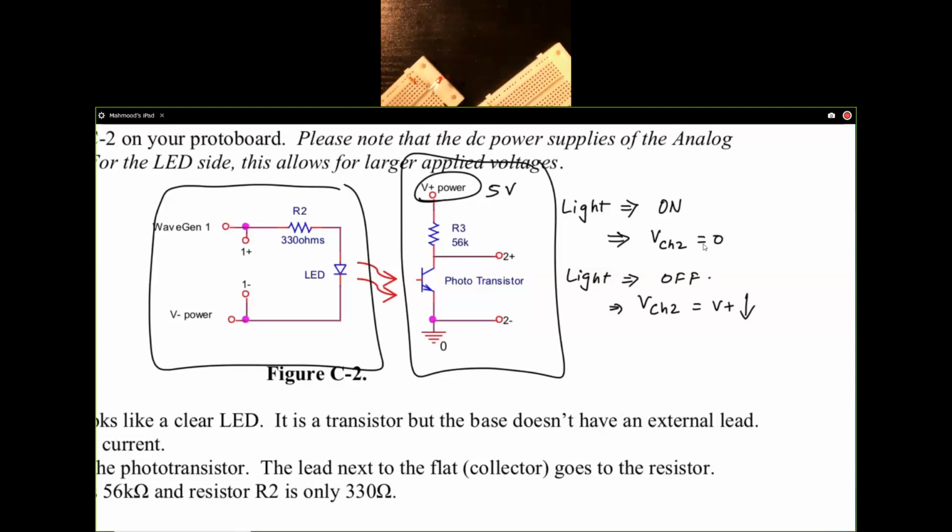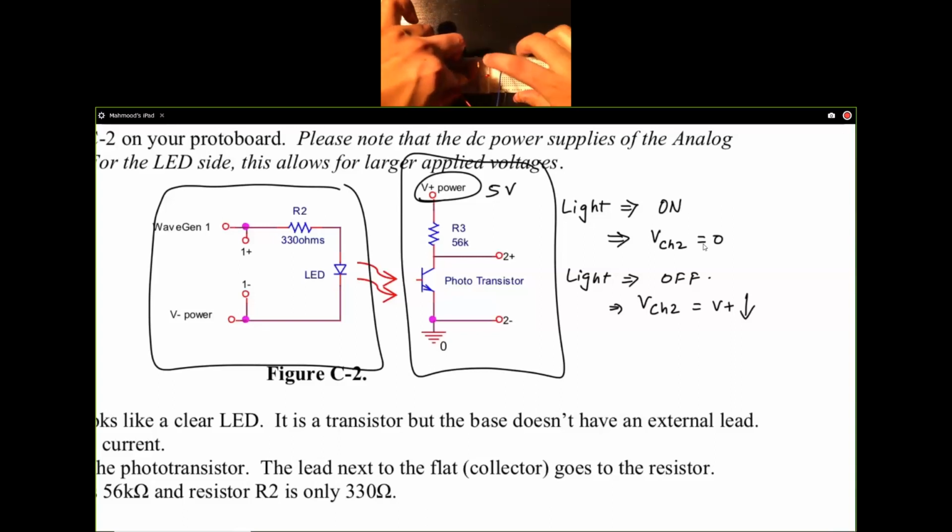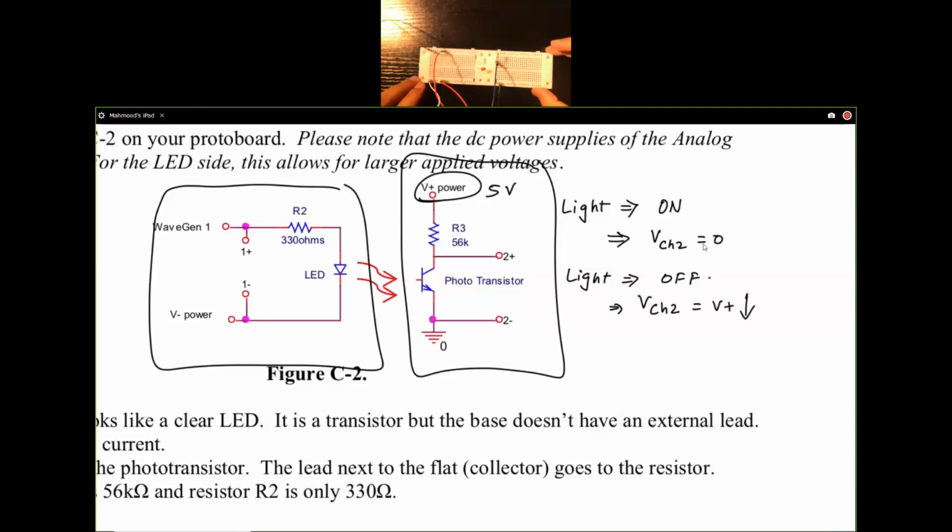It's going to be a little bit tricky, but let's see what happens. All right, so I have two boards here. Actually, let me connect them together. All right, so I have two boards.